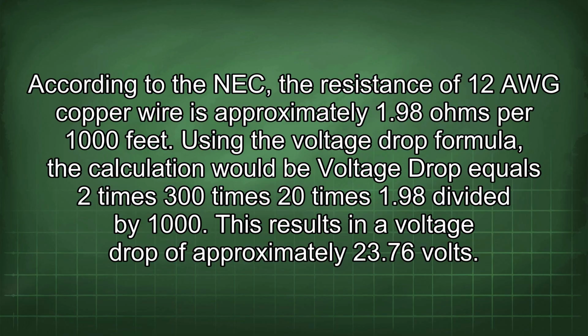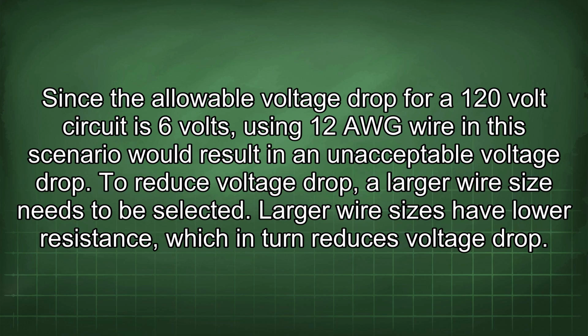Using the voltage drop formula, the calculation would be voltage drop equals 2 times 300 times 20 times 1.98 divided by 1000. This results in a voltage drop of approximately 23.76 volts. Since the allowable voltage drop for a 120-volt circuit is 6 volts, using 12 AWG wire in this scenario would result in an unacceptable voltage drop.